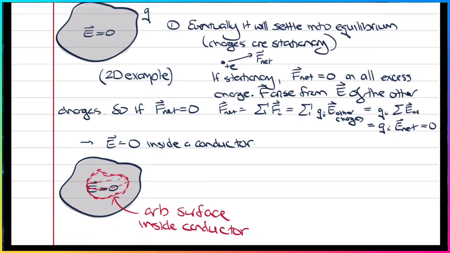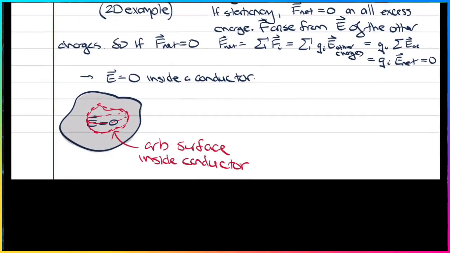Well, by Gauss's law, we know that the flux through that surface better equal the enclosed charge over epsilon naught. But I just said E is 0 everywhere inside.